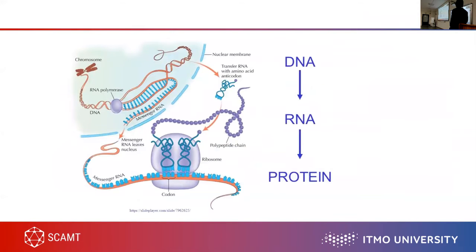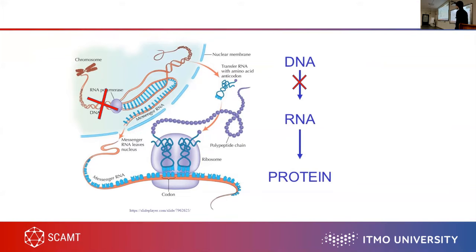Let's go back to this picture. There are two ways we can silence our gene. The first way, we can affect or disrupt the gene on the DNA level, and if gene expression is interrupted on the DNA level, there will be no mRNA and no protein at all.